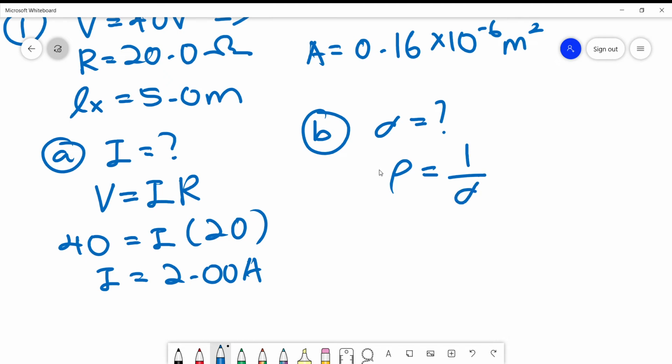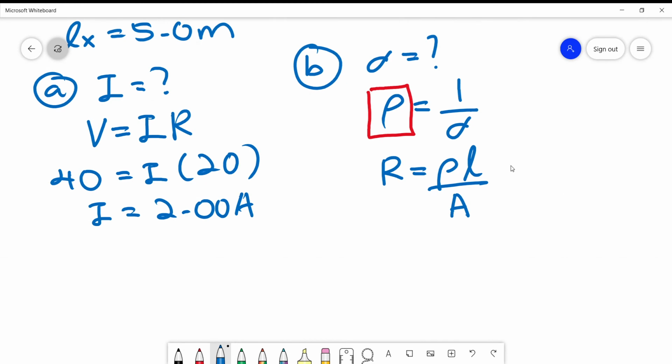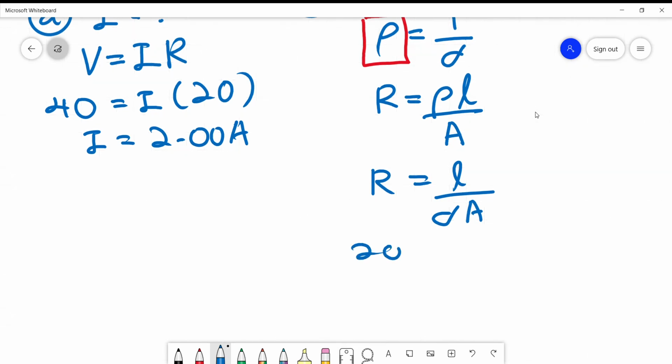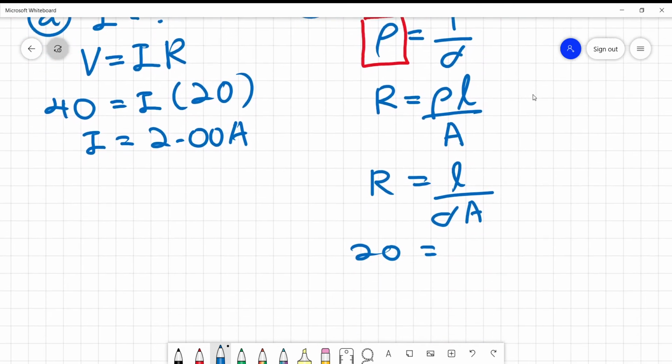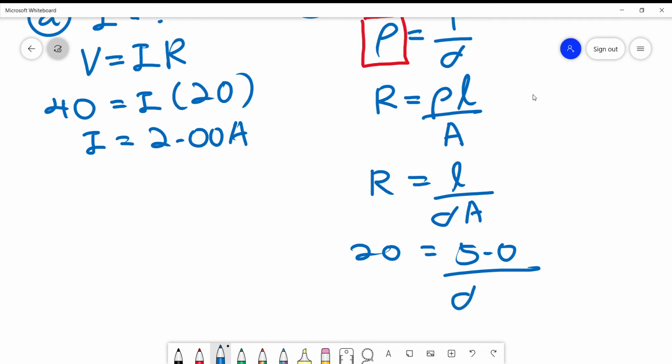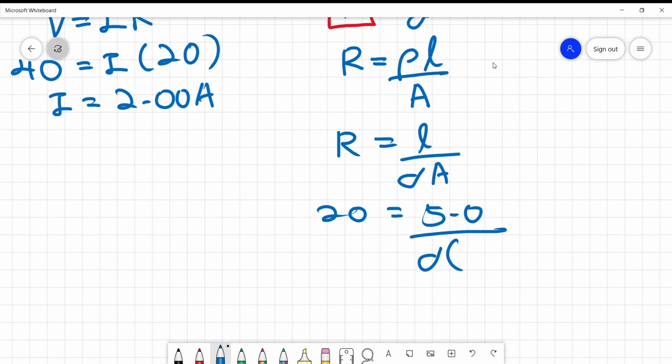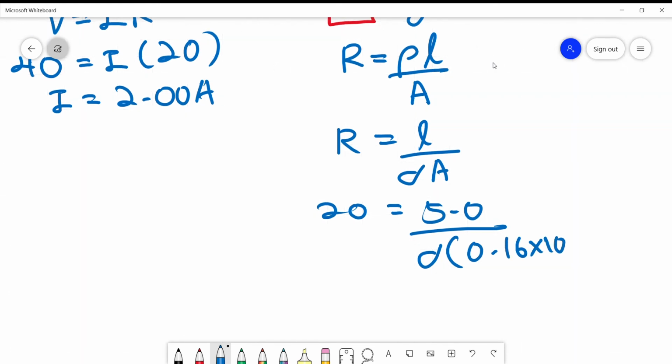So I can apply the formula for resistance, R equals rho L over A. I can change rho L over A into L over sigma A, and this is R. The R given by the question is 20, L is 5, and the cross-sectional area is 0.16 times 10 to the power -6.